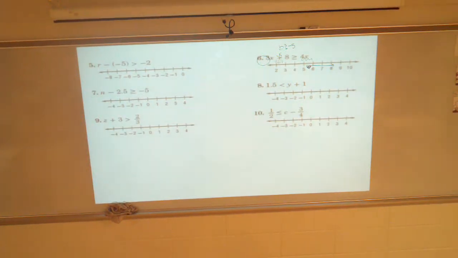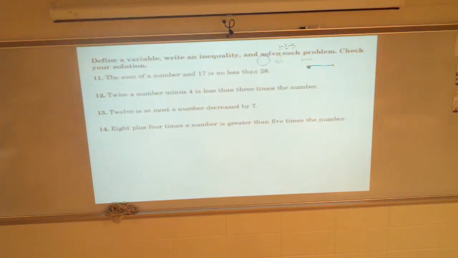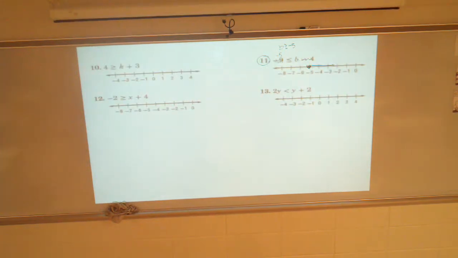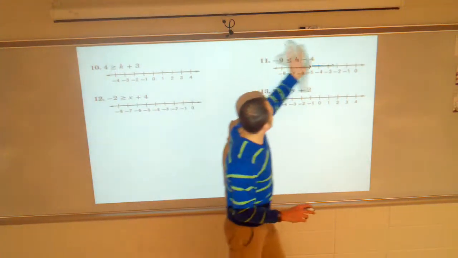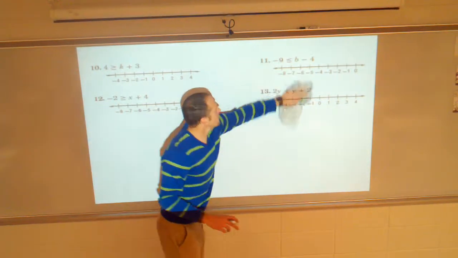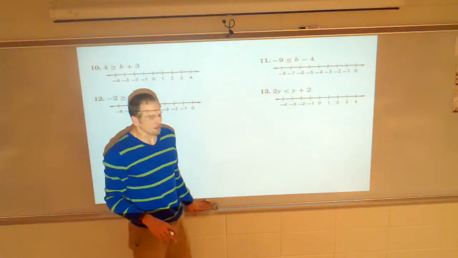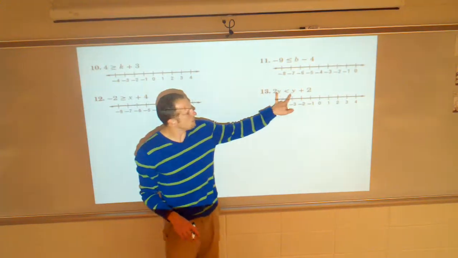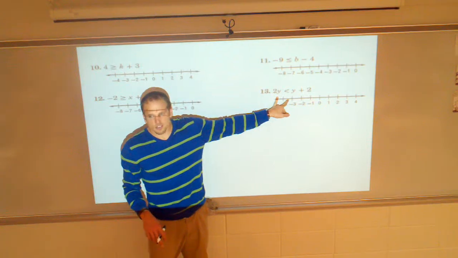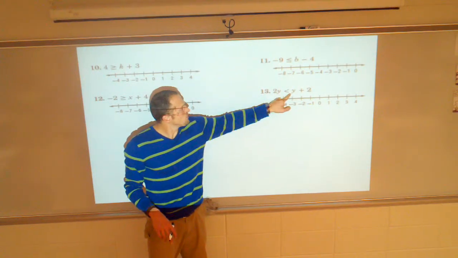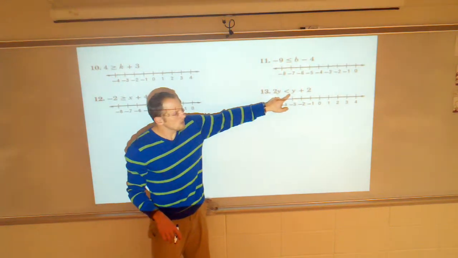Now, when you have these problems, actually we're going to look at number 13. When you get one like number 13 today, I know it looks tougher because we've got two variables, all right? Let's just do this. Put your variables together, isolate your variables.